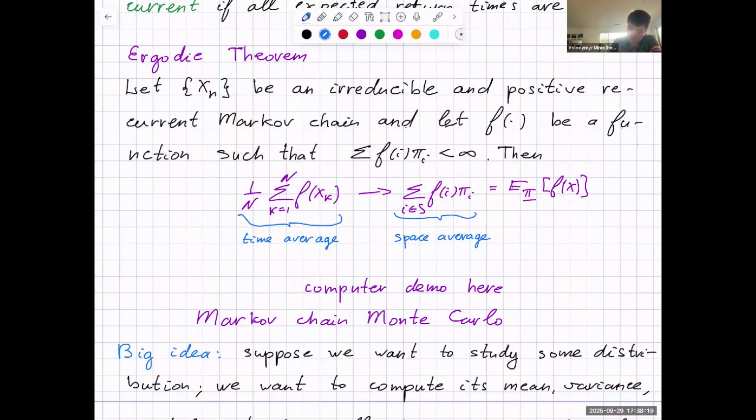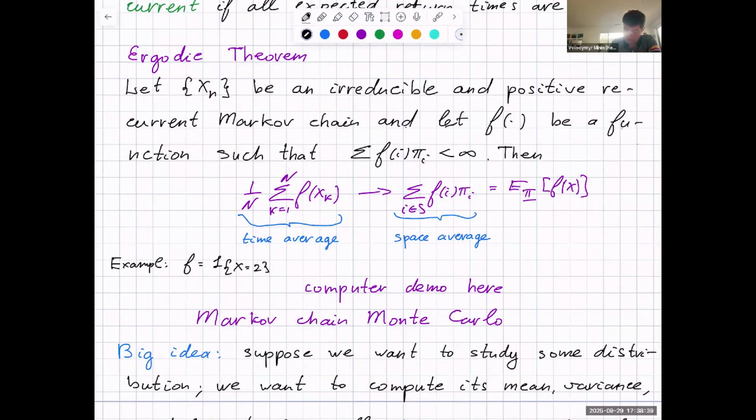Let me give a simple example. Let f be the indicator function of whether my x is in state 2 or not.